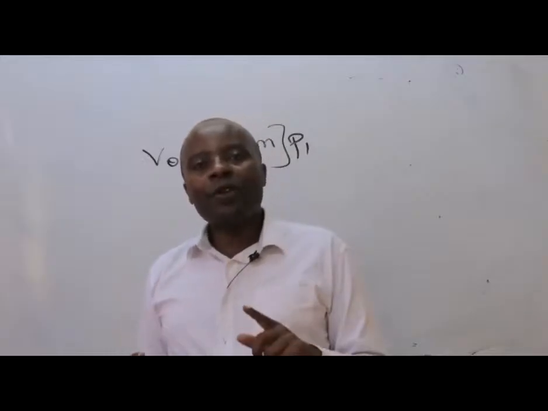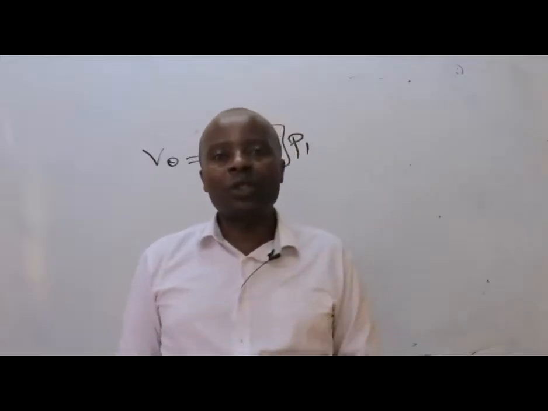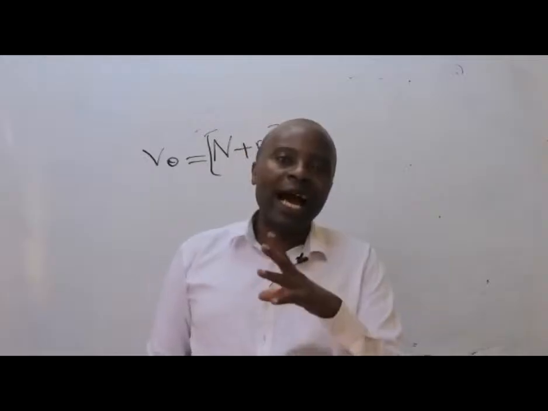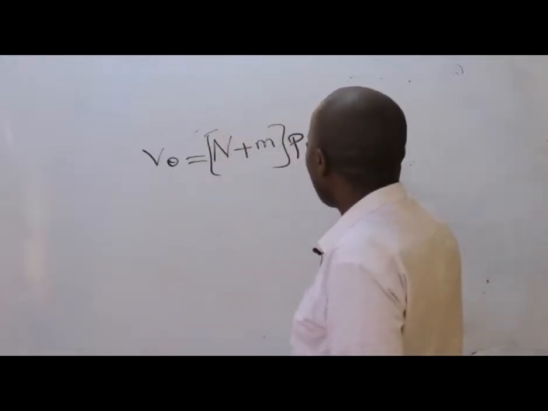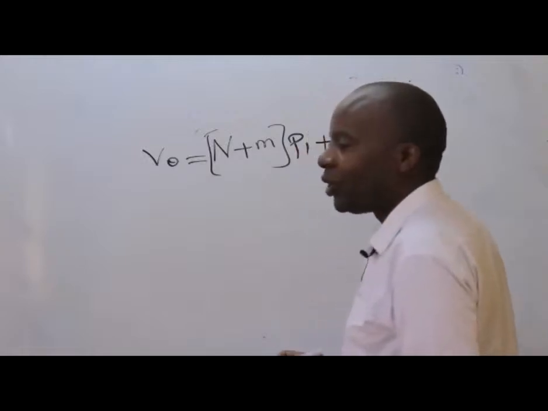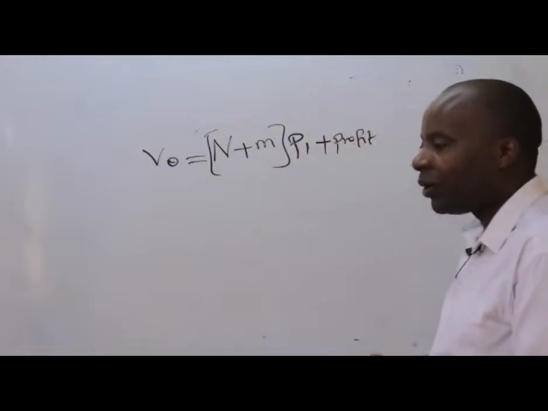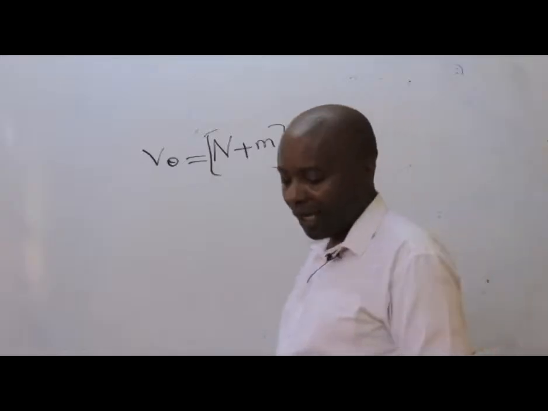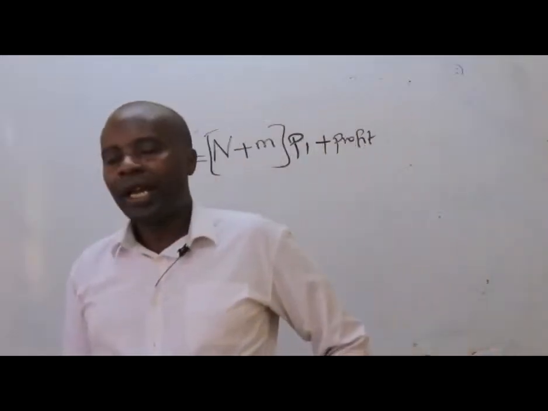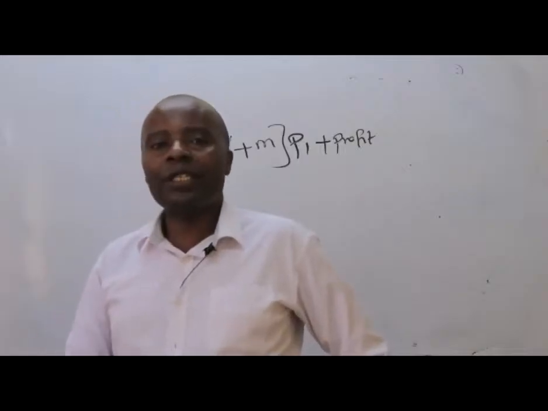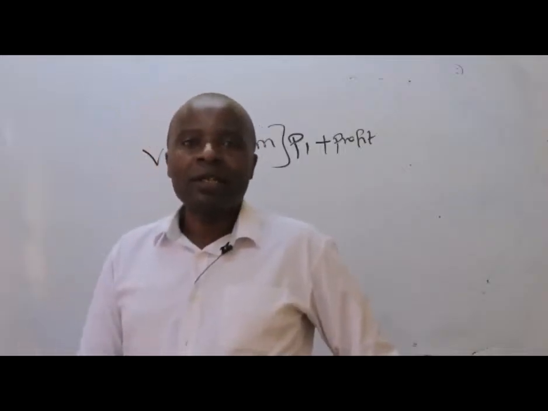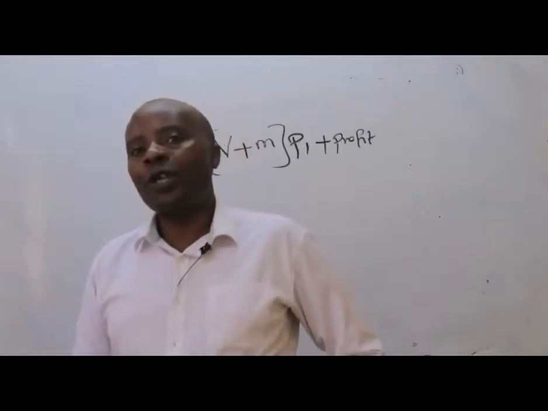The other way of growing our firm value is the profit that we shall earn, the normal profit. So you come and add the profit here. And remember, according to Modigliani and Miller, when you make investments in the current year, those investments normally destroy your value.